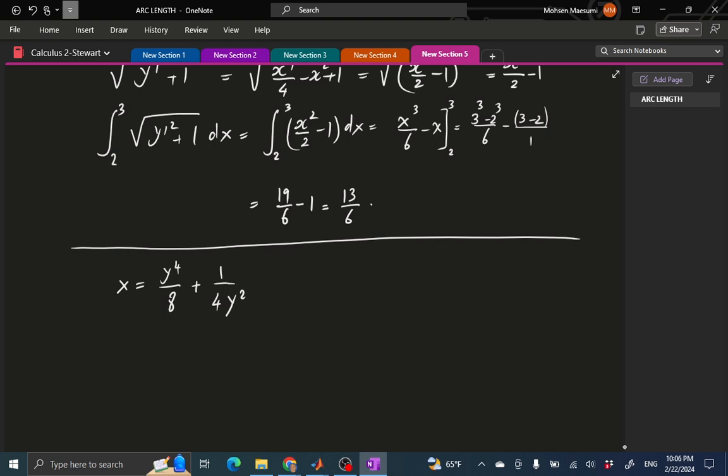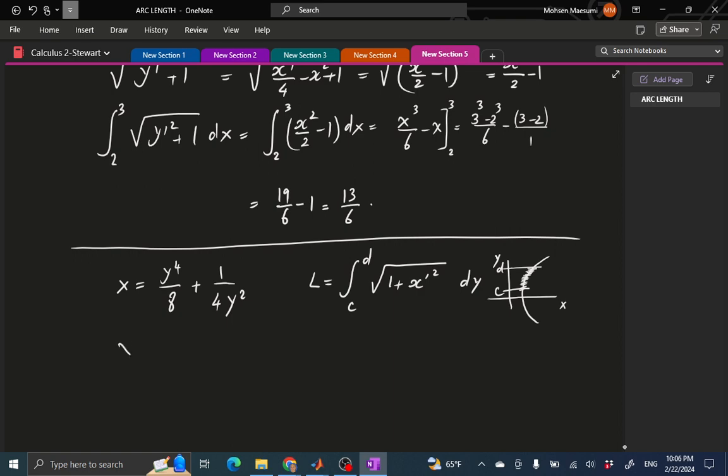If x is given in terms of y, the length formula we use, from beginning to end, is the integral of the square root of 1 plus x prime squared dy. That's for a picture where x is given in terms of y, and you have a beginning and end like C and D here, and this is the integral you're calculating. You're calculating the length of that piece.